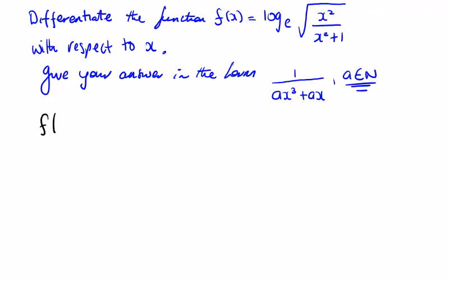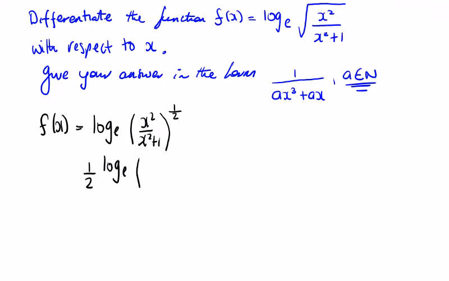So if we change f of x into log to the base e of x squared over x squared plus 1, all to the power of a half, we can apply the rule that we saw earlier in this video, where this is the same as a half times the log to the base e of x squared over x squared plus 1.